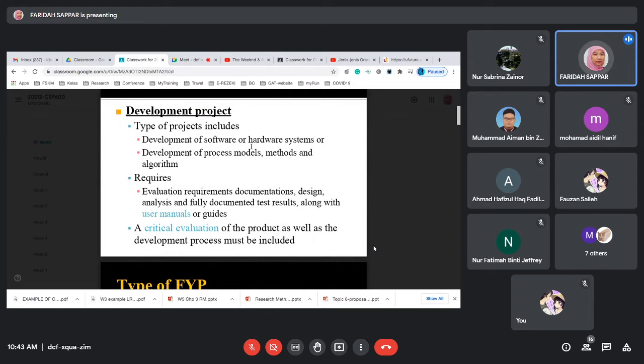Macam saya cakap tadi, kita integrate on the software on hardware, development of the process, model, method and algorithm. Algorithm dekat sini kalau you nak buat development of process, you nak specific, saya rasa tak ada siapa buat on the security kan. So security on the algorithm part.